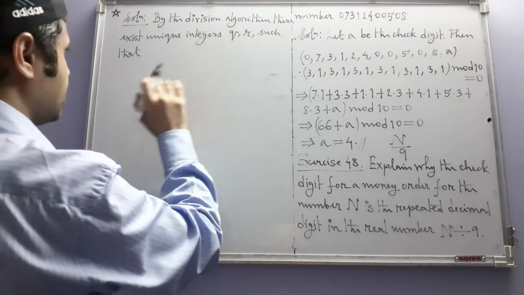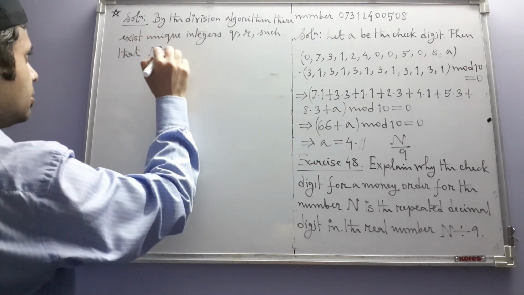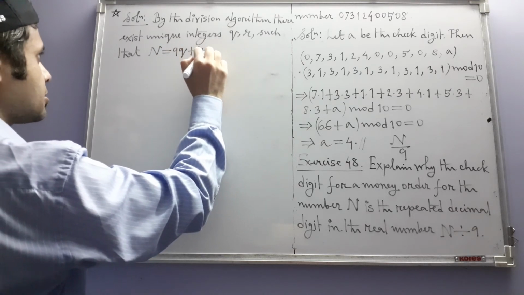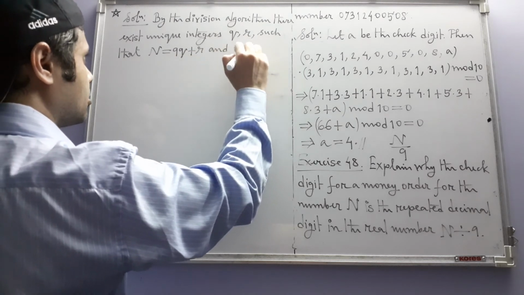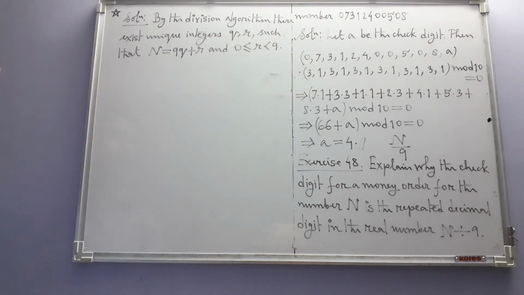That's what I am writing here, such that N is equal to 9Q plus R and the remainder R is non-negative and less than 9.